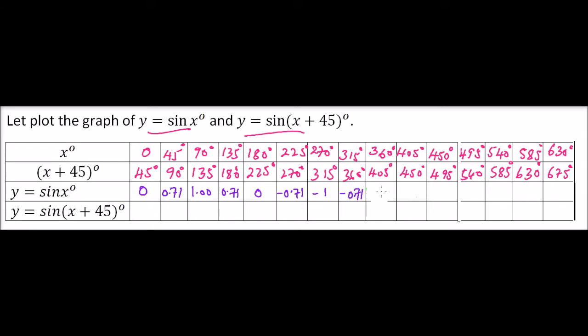Here we have 0, 0.71, then we have 1, 0.71, then 0, negative 0.71, and we have minus 1. Those are the values of y = sin x.